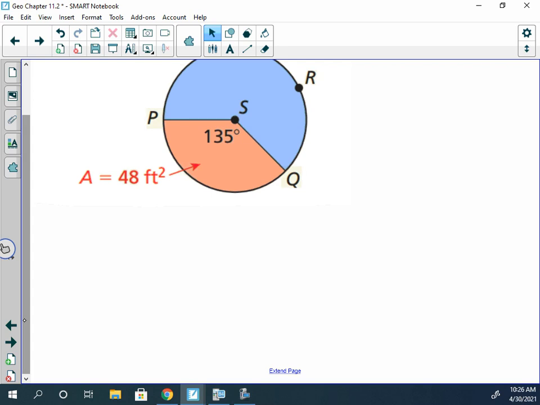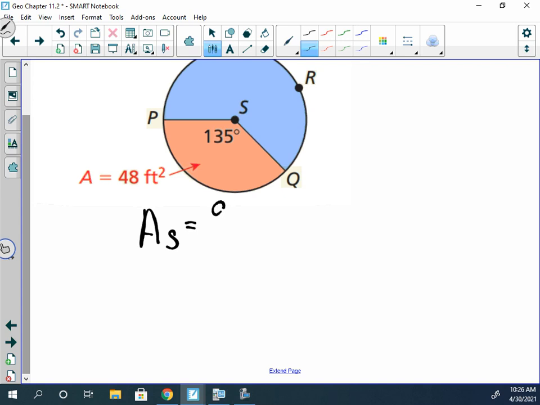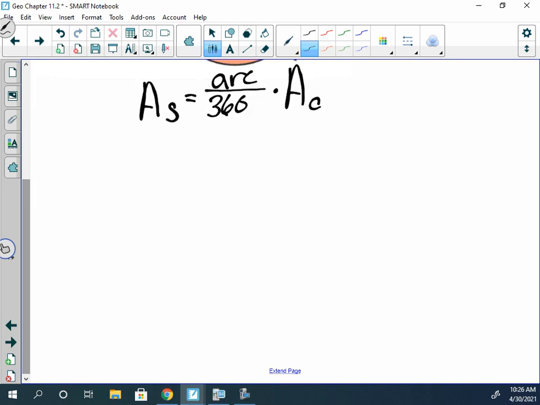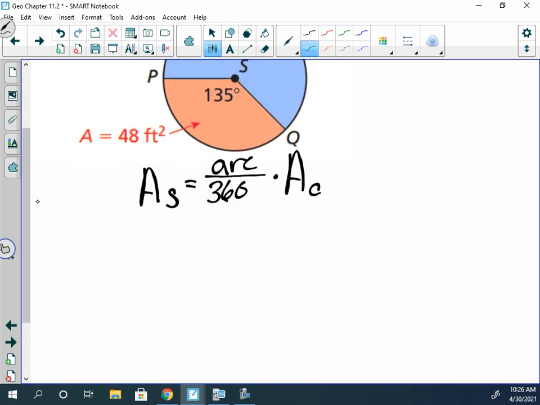Let's look at one last one. Area of the sector is equal to arc over 360 times the area of the circle. So for this one here, the area of our sector is given.